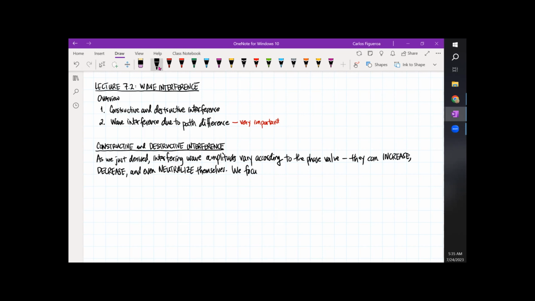We focus on the two maximal interference patterns. We have maximal amplitudes, and maximal amplitude patterns are called constructive.